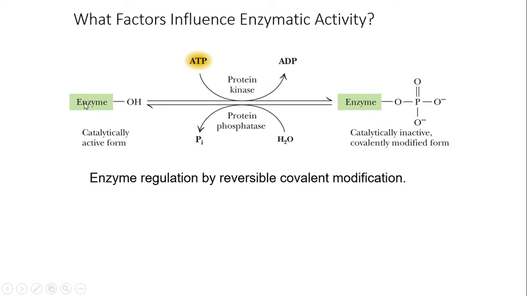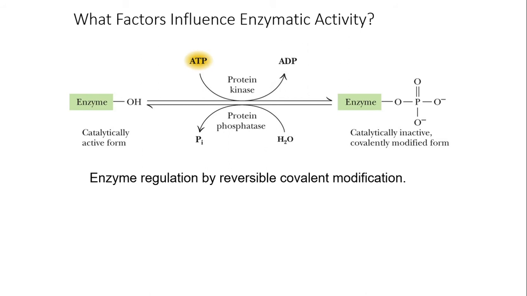So we have enzyme with a hydroxyl group, and this is its active form. It can be phosphorylated. So here we need a molecule of ATP, and we need an enzyme called a protein kinase. This protein catalyzes the transfer of a phosphate group to another molecule. In this case, it's the enzyme. And then ADP is released. This enzyme, when phosphorylated in a covalent modification, is inactive.